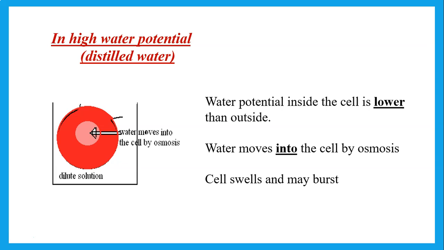Now remember, this is an animal cell, a red blood cell or a liver cell, and it has only a cell membrane surrounding it. If it starts to swell, eventually it will burst. So this is an animal cell in higher water potential, or in distilled water, or in a dilute solution.